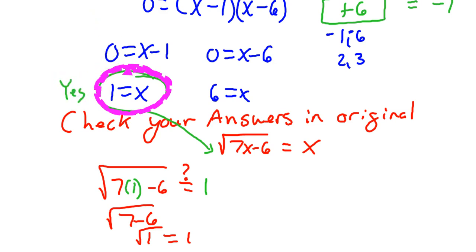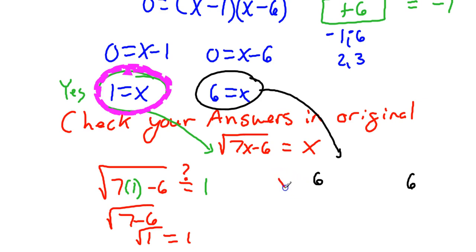And then we'll do the same thing with the 6. We're going to check it and see if it works. So plug in the 6. We've got 7 times 6 minus 6. And then the question is, does that equal 6?